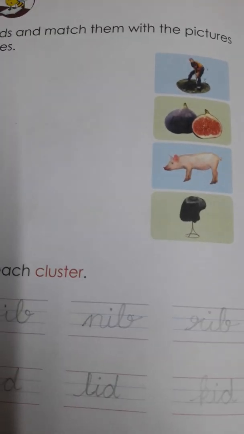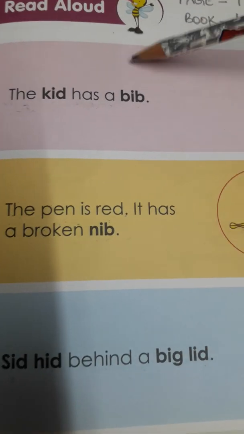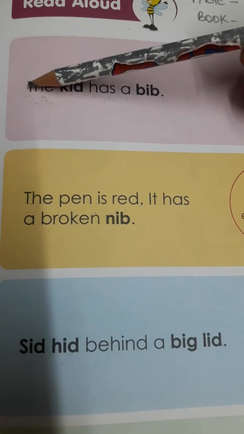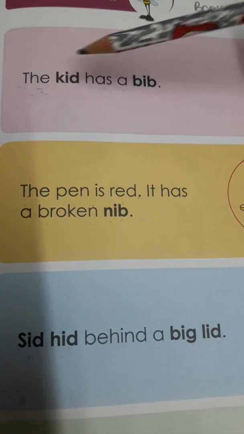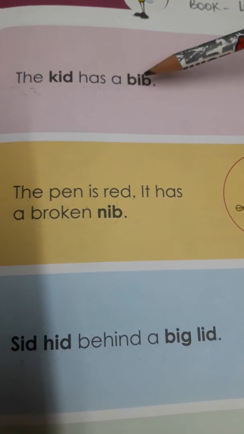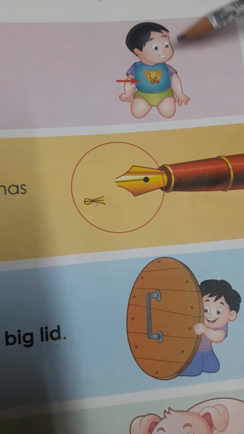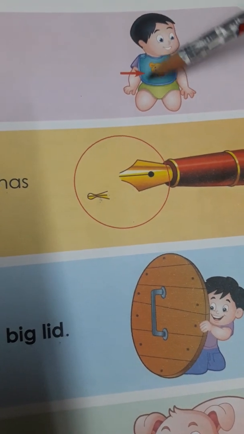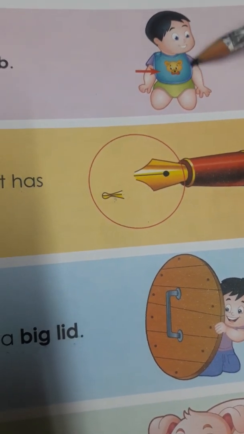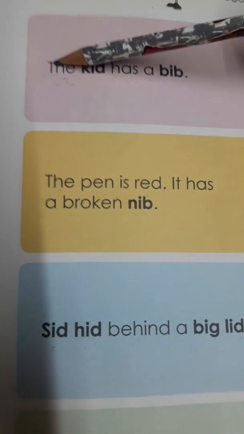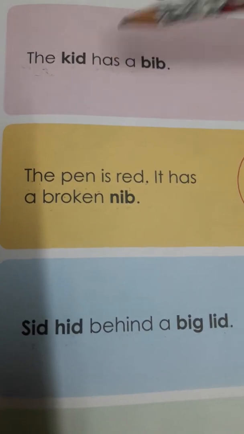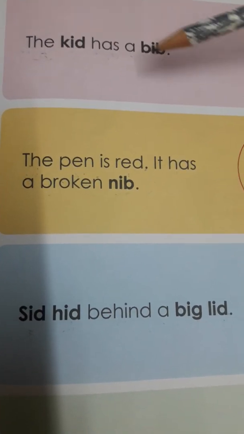Now, sentences. The kid has a bib. So in this picture he is a kid and he is wearing a bib. The kid has a bib.